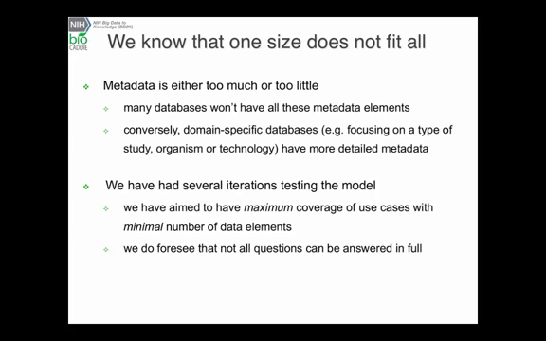So in terms of what metadata descriptors to choose for the model, we know that there isn't an ideal solution. We know that there are many databases that won't have all the metadata elements required to answer the use cases, for example. And equally, some databases will have more information and more detailed metadata. Those are the overarching elements that we considered, things we took into account in the design of the model, and we will show that we, for example, consider an extension mechanism as well.